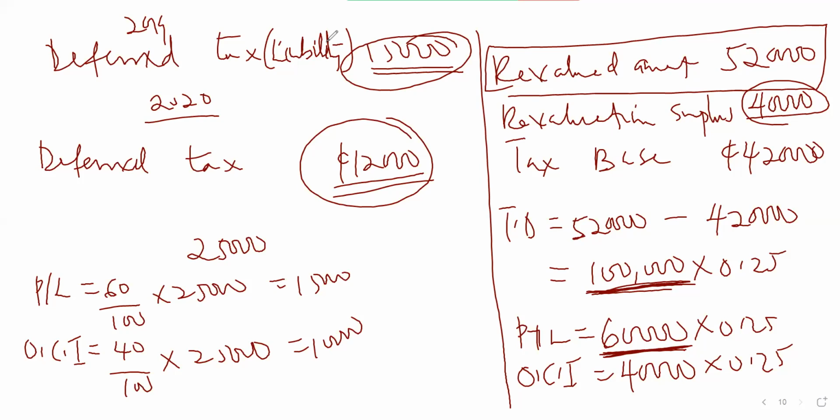So the company will now charge the tax rate on that because the revaluation loss will be treated in the profit or loss. The tax implication on that will also be sent to what? Profit or loss.